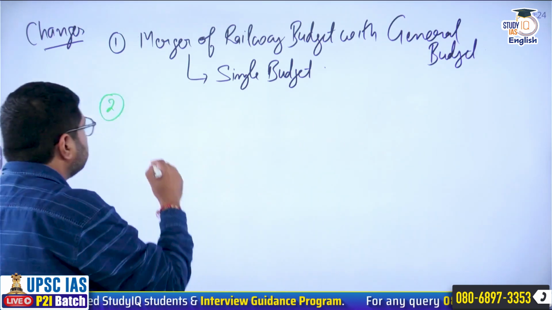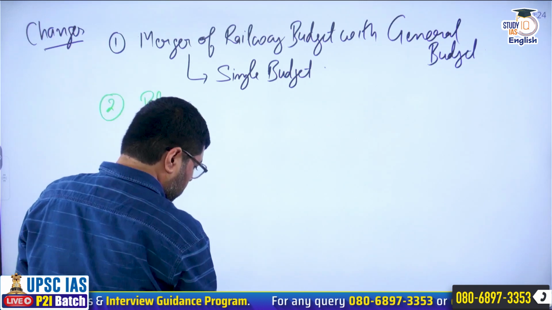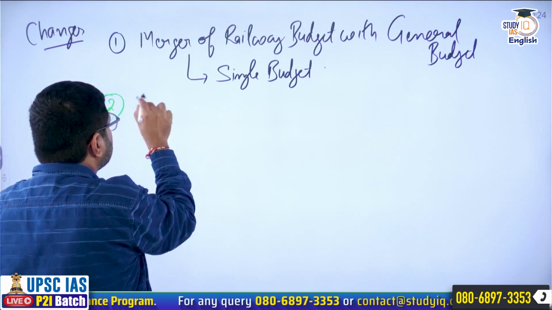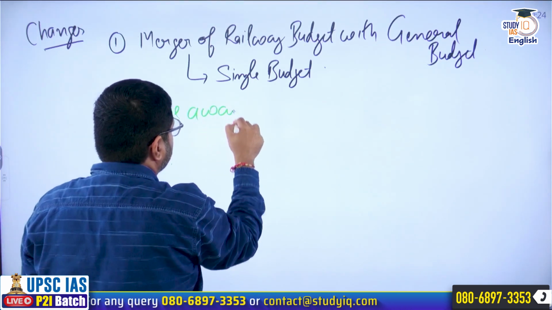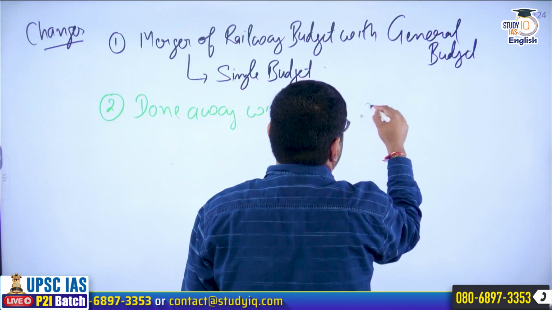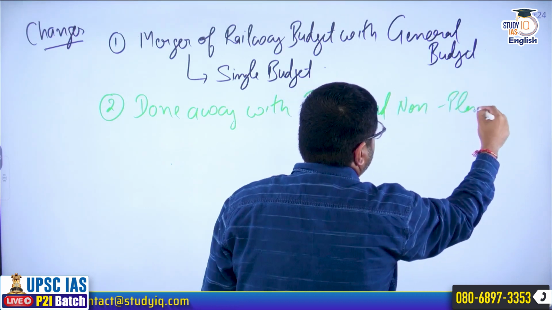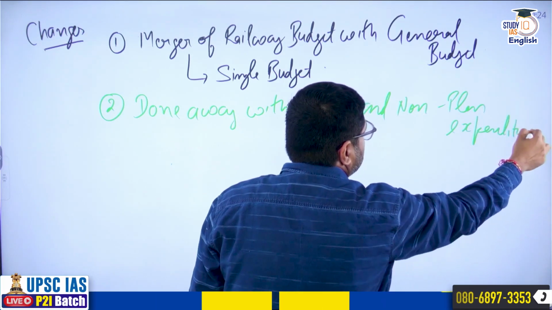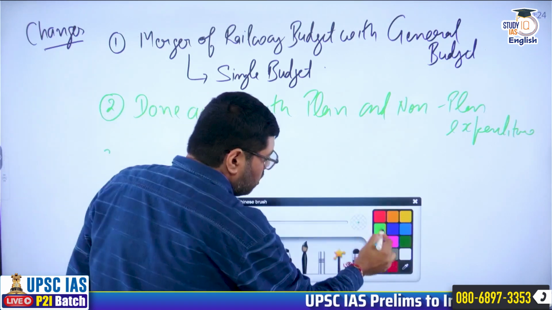So the Government of India has done away with plan and non-plan expenditure. Clear?